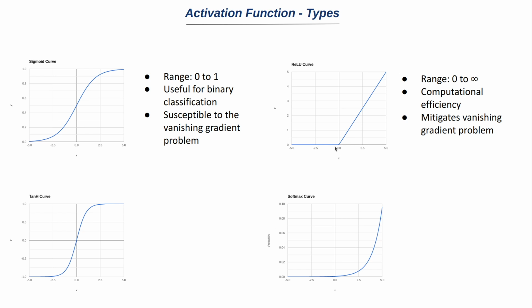This is what we call dead neurons. So ReLU has this susceptibility of having dead neurons. Again, this varies from use case to use case and data to data, so we can't clearly say when this would happen, but we have to remember the pros and cons of each activation function. But ReLU is a widely used one.